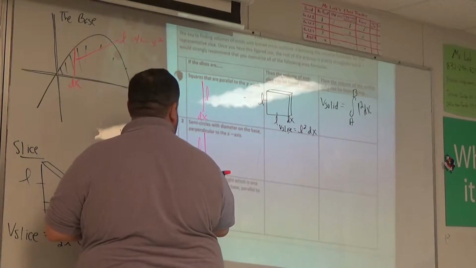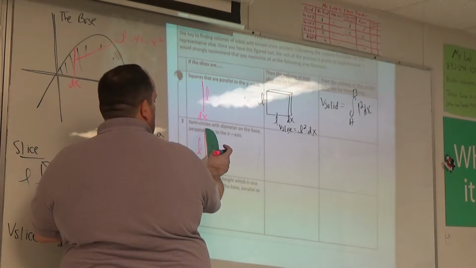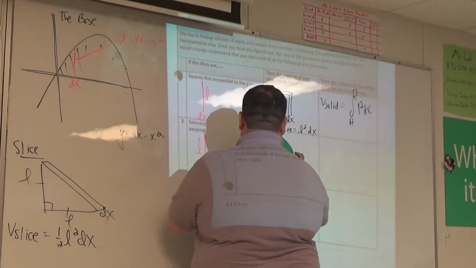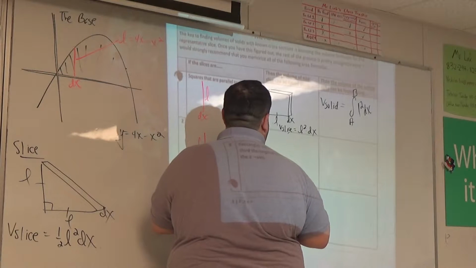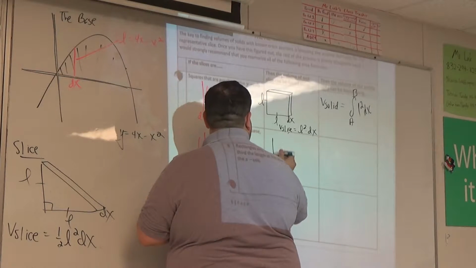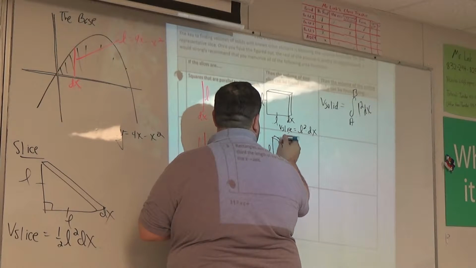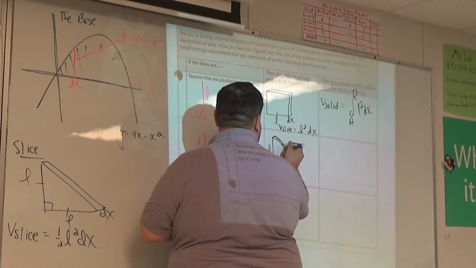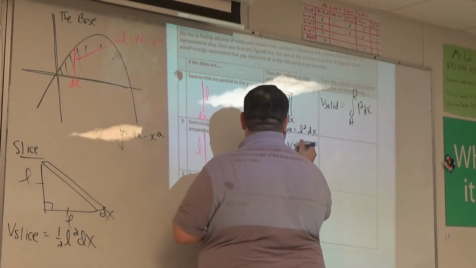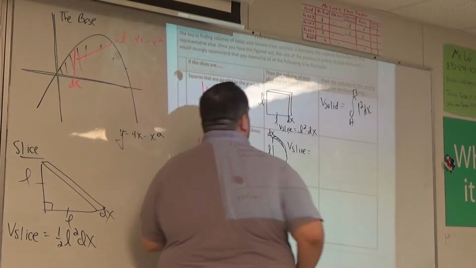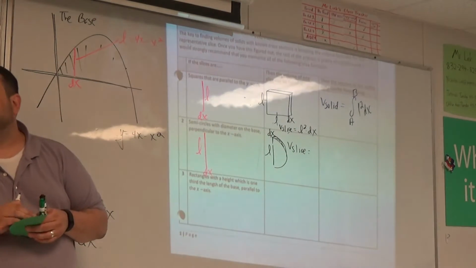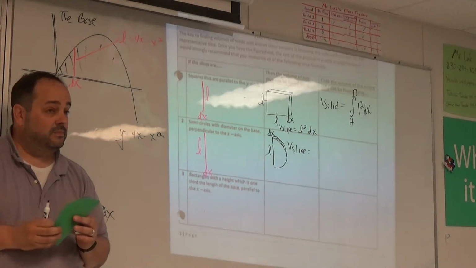I'm saying there's L dx. When I take my semicircle and I lay it down, this guy over here is L. It's got a little bit of thickness to it. I need the clever geometry, folks. What's the volume for the slice?